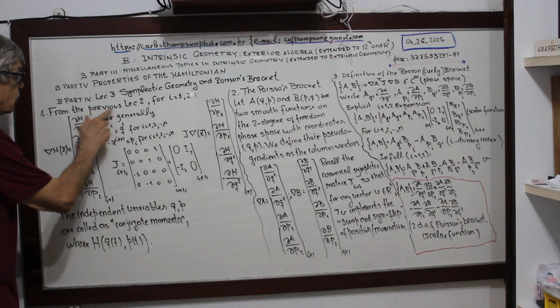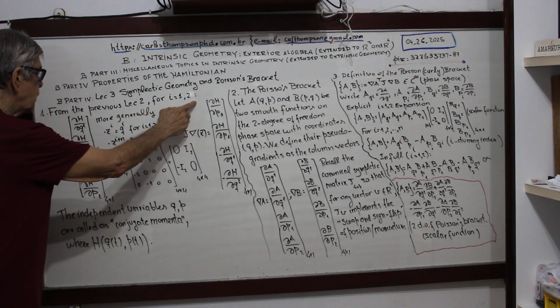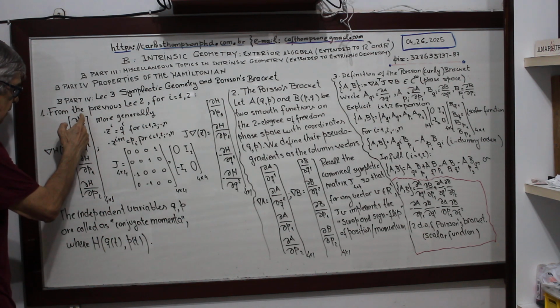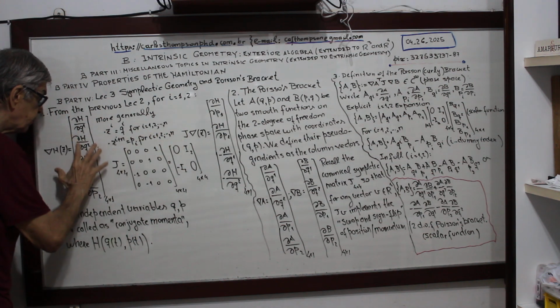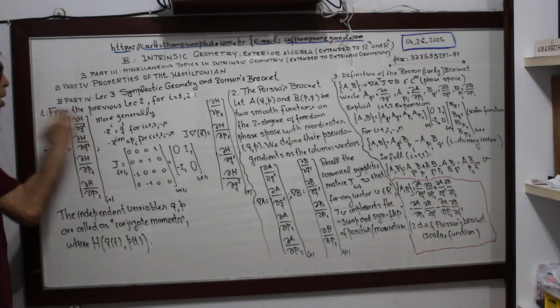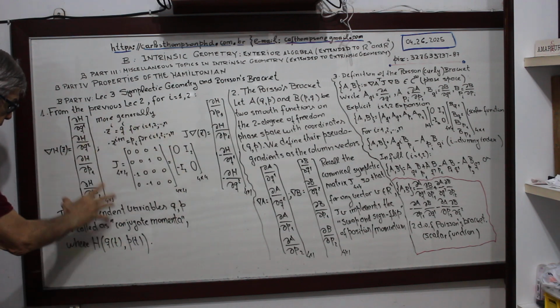So, from the previous lecture 2, for i equal 1 and 2, this is a pseudo-gradient of H, the function of Z. And this is exactly what I copied from lecture 2, okay? That's exactly this.